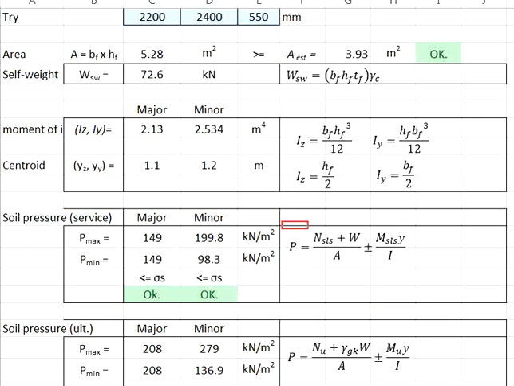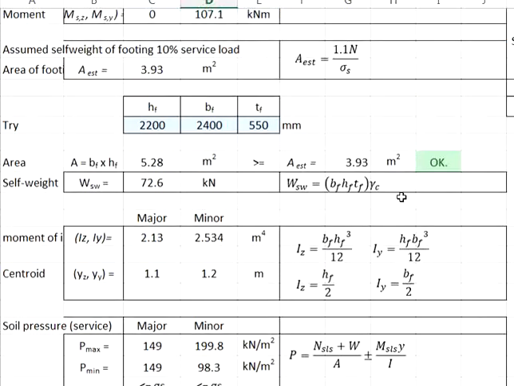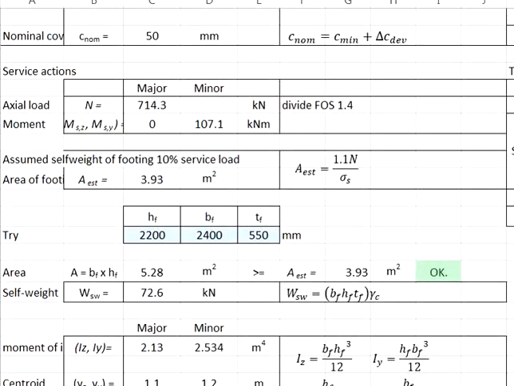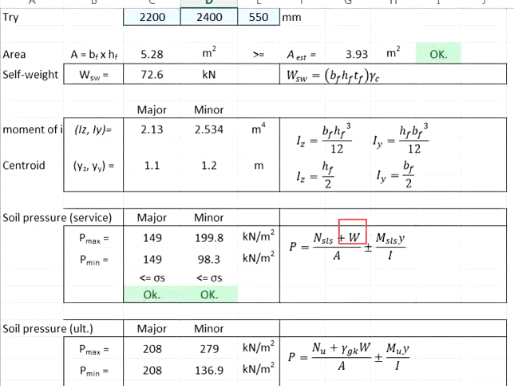You can use these equations to calculate the soil pressure. The axial loads, after removing the factor of safety of 1.4, the axial loads is equals to 714.3. We need the self-weight of the pad footing.